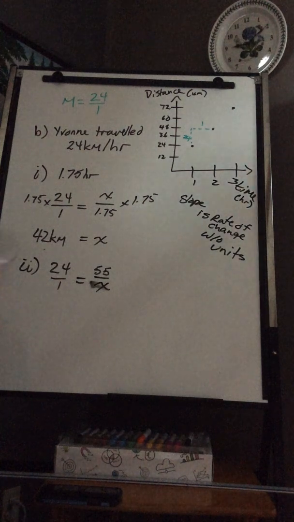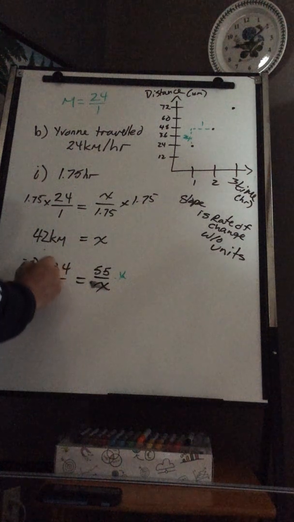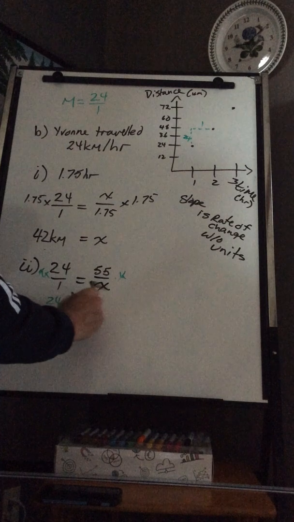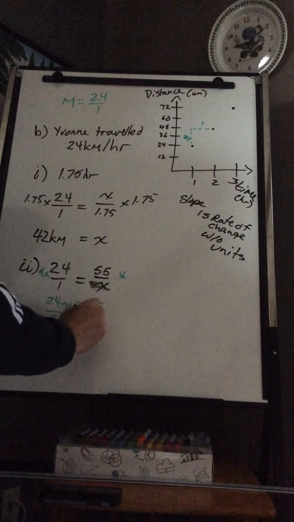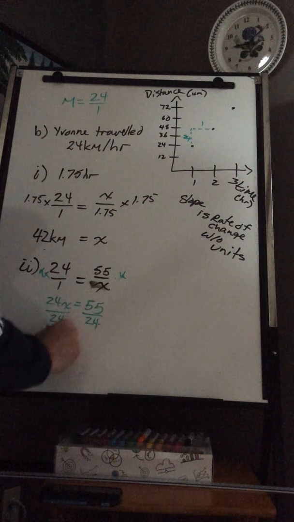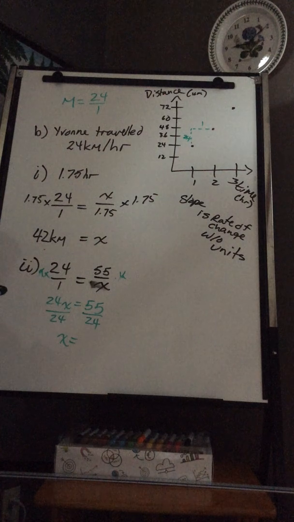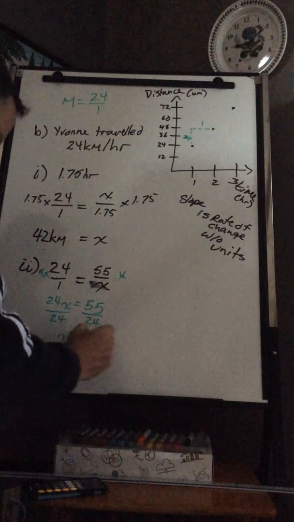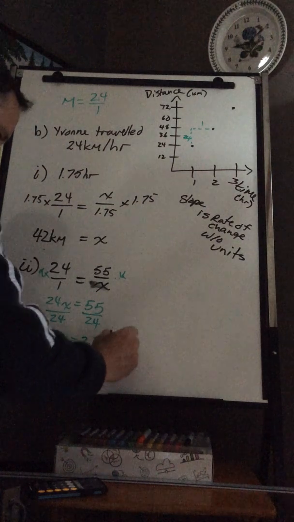So we're going to get the x, multiply both sides by x, 24x equals 55, divide by 24, x equals 55 divided by 24. I get 2.2917 hours.